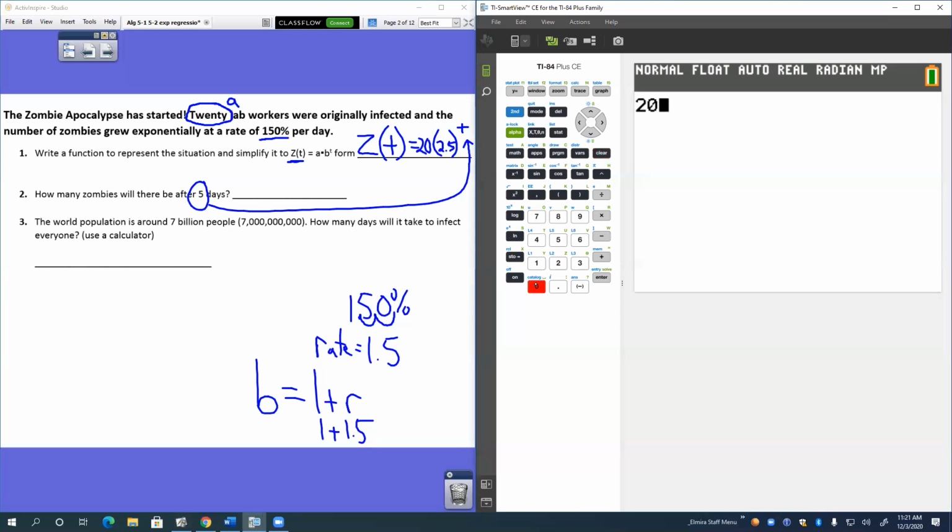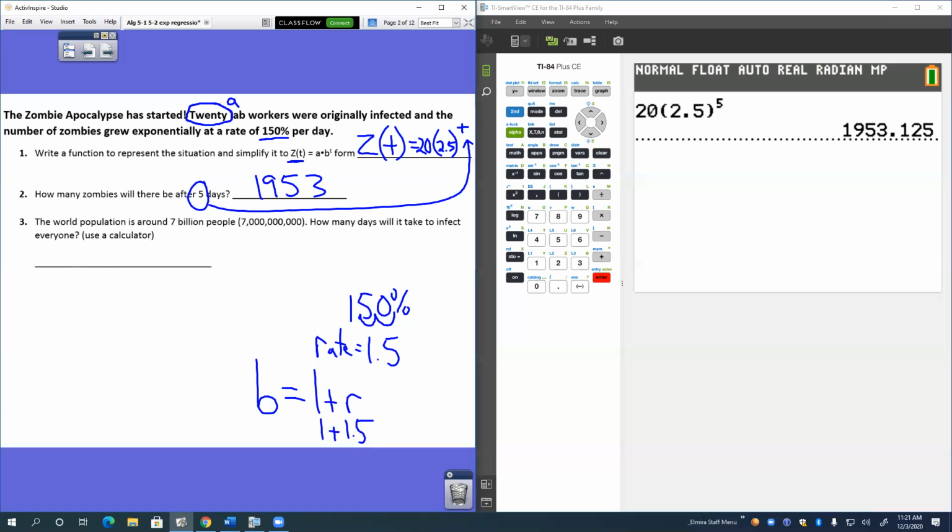So we have 20 times 2.5 to the 5th power. Hit enter. Now, you can't have 0.125 of a zombie, so we're just going to round to be 1,953 zombies.